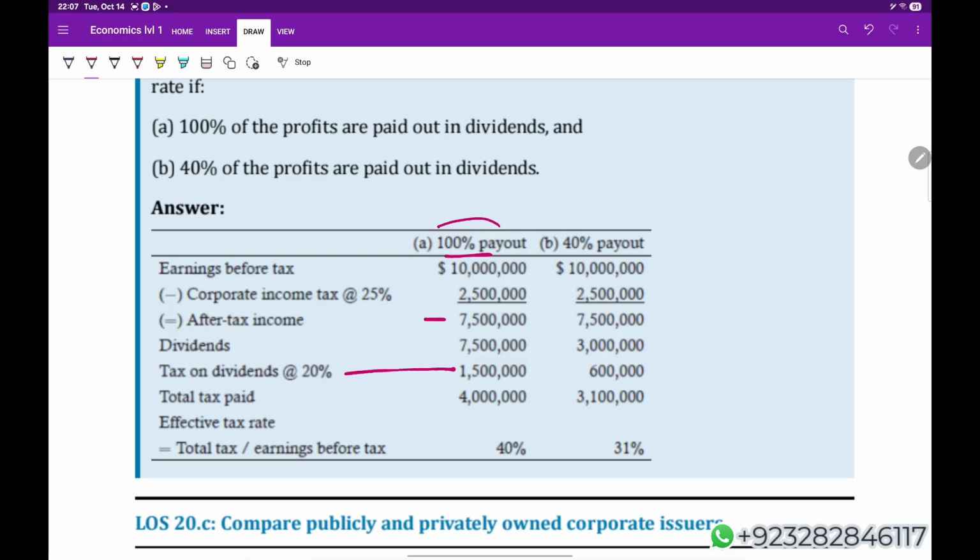From the corporation perspective, 25% is being paid by companies and the 20% on dividend is being paid by the shareholders individually. But who is bearing this 25% impact? Ultimately the impact is borne by shareholders.